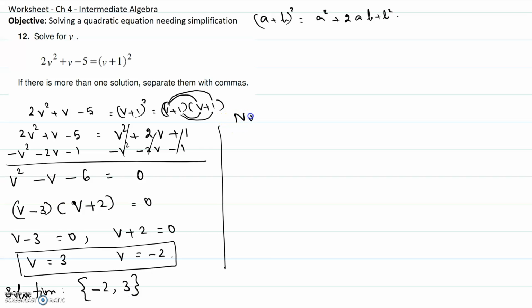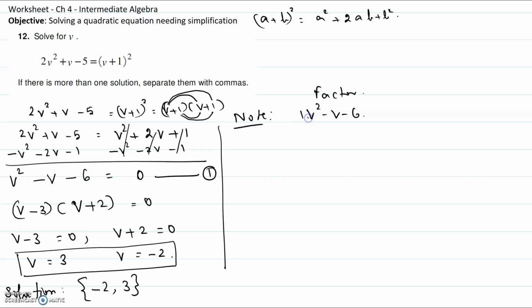Note here we used a technique on v squared minus v minus 6. We factored it in this step. There are several methods of factoring.